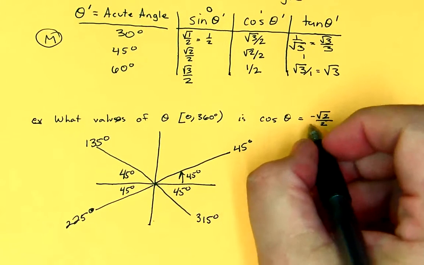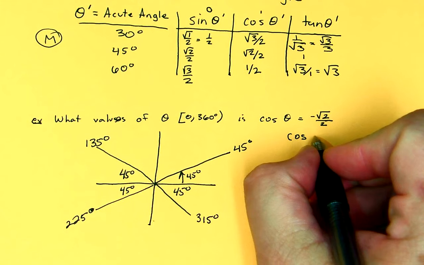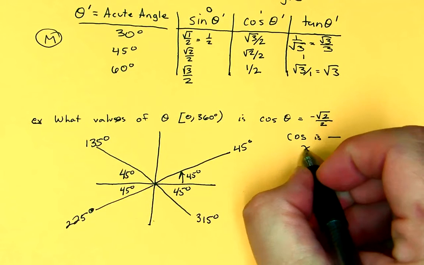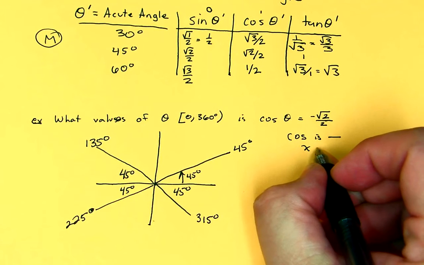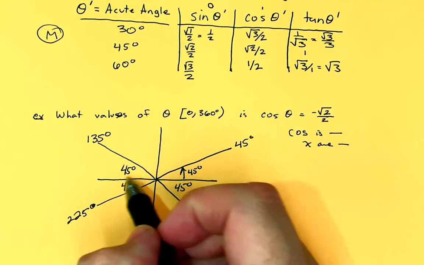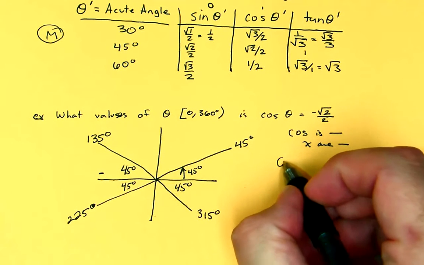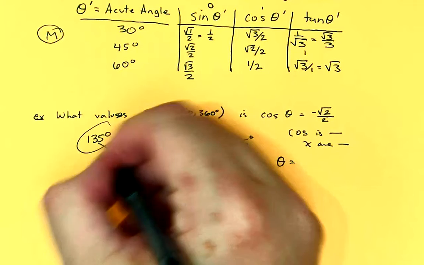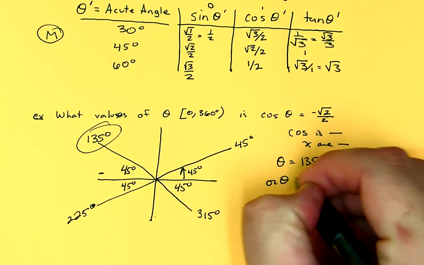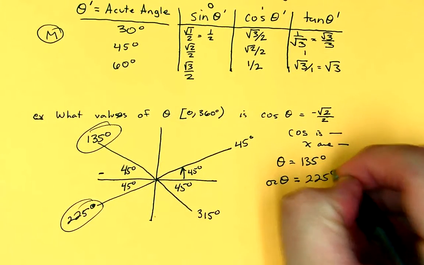And now that the cosine is negative, we look for where the x values are negative. So in here, x is negative on this side, so theta can equal 135 degrees, or theta is going to be equal to 225 degrees.